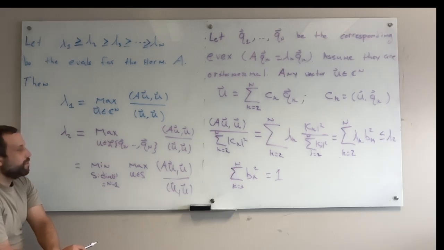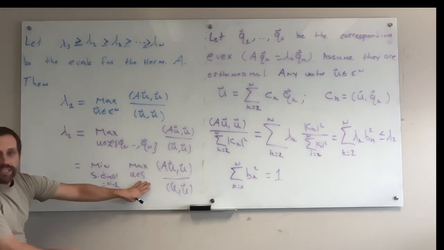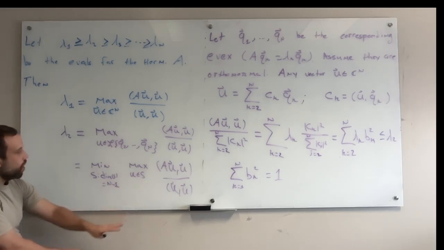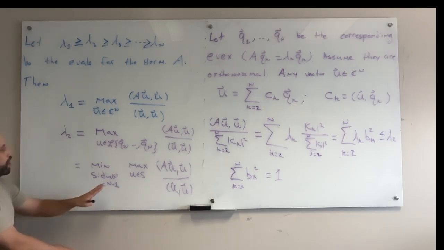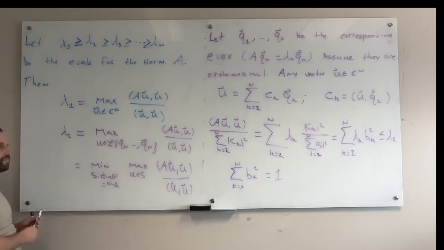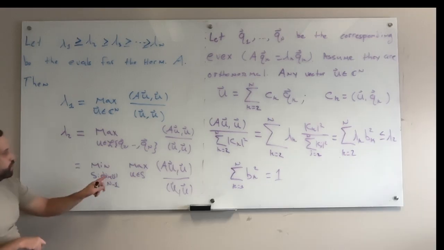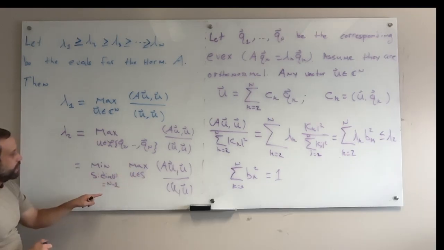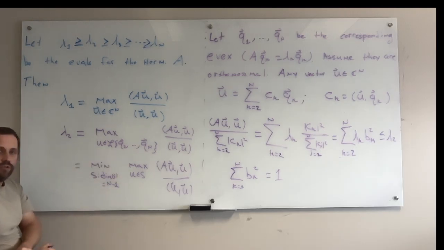It's always going to be maximized when u is equal to Q1. So that's not going to give us lambda 2, that's going to give us lambda 1. Therefore, we want to look over all of the n-1 dimensional subspaces, and when we form this maximum for each one, the smallest of them is going to correspond to the subspace that does not contain Q1. That is the subspace spanned by Q2 through Qn, and that is going to give us the lambda 2 eigenvalue.